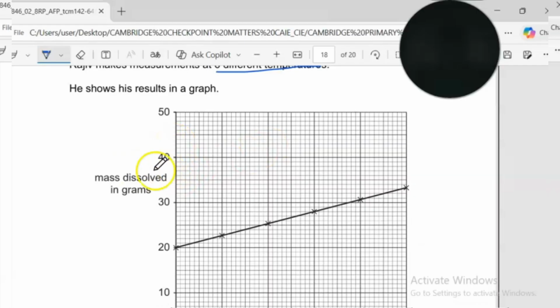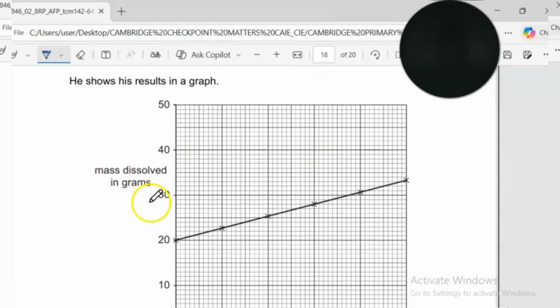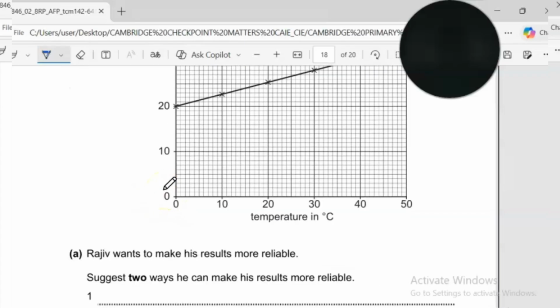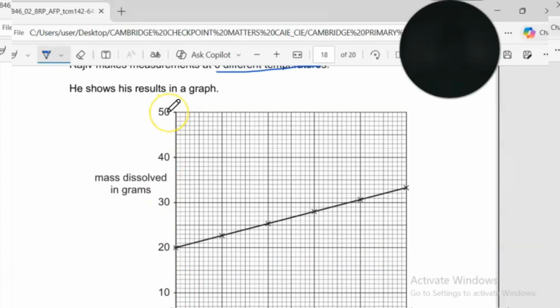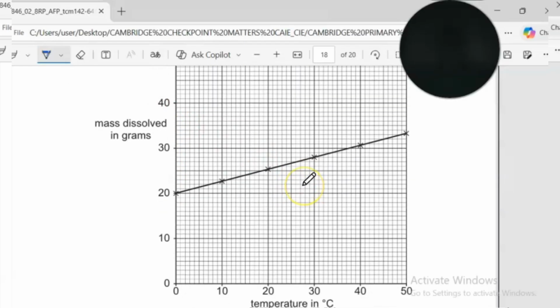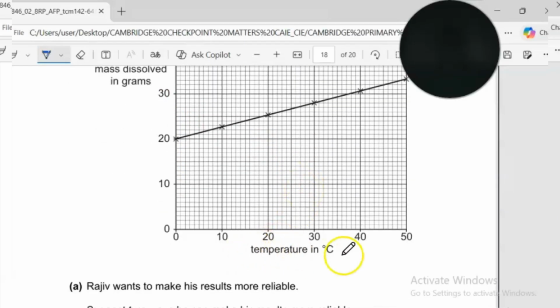On the vertical side of the graph, it represents the mass dissolved in grams. So from the origin of the graph, which is 0, you have 2 grids. That's 2 centimeter represents 10 units. Then we have 20, 30, 40, then 50. Then on the horizontal side, the temperature in degrees centigrade or Celsius.